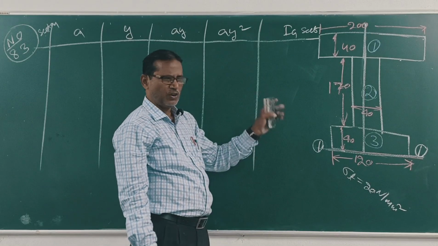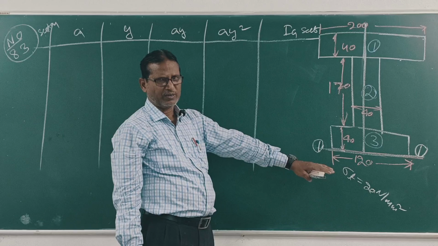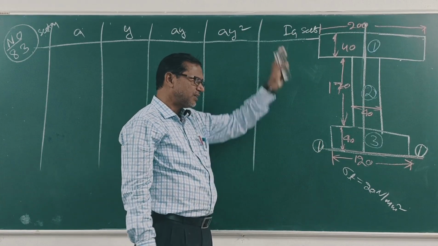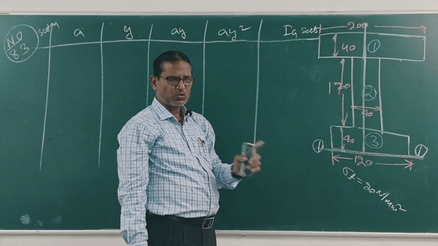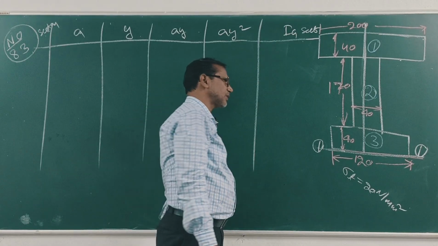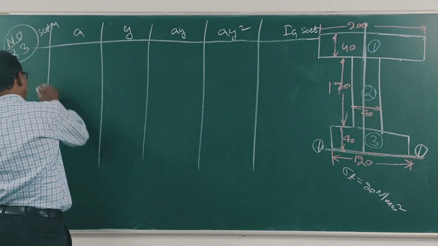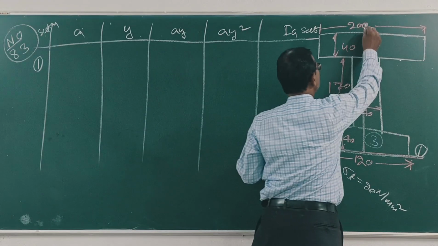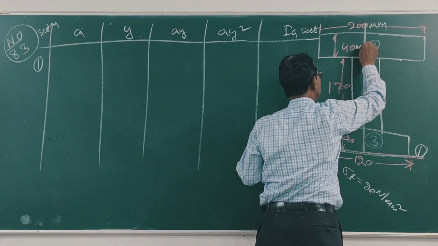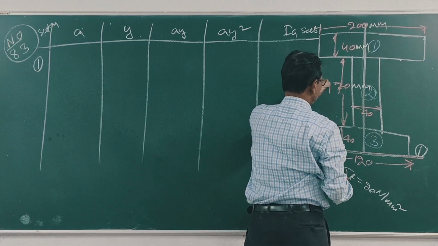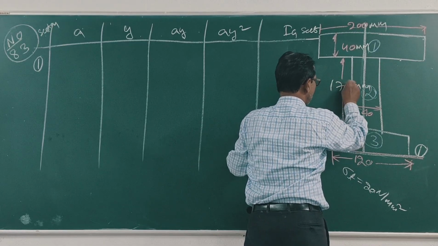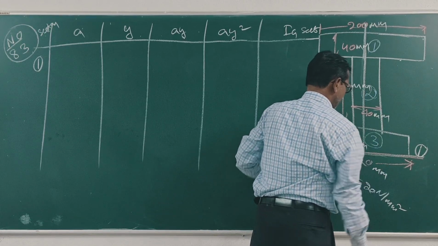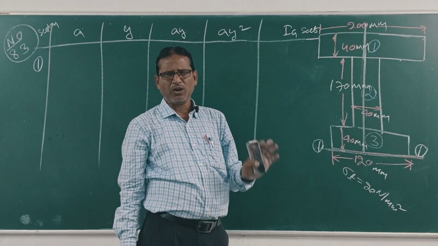Now all values will be found out referring to section 1-1. Take section 1-1 as reference axis. The figure is symmetric about the y axis, so I will find out y bar. Now section 1. All values are in mm.